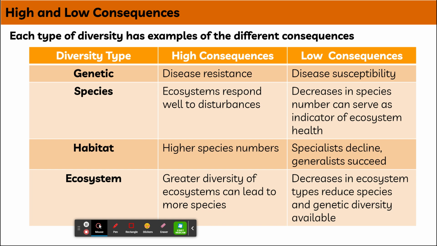So species biodiversity is going to have ecosystems responding really well to disturbances, which we're going to go over in a topic later in this unit. With habitat, you're going to have a higher number of species because you have more diverse habitats, more able to fit different species that are adapted to live in those habitats. And overall ecosystem diversity will have a greater diversity of ecosystems that can lead to more species coming there.